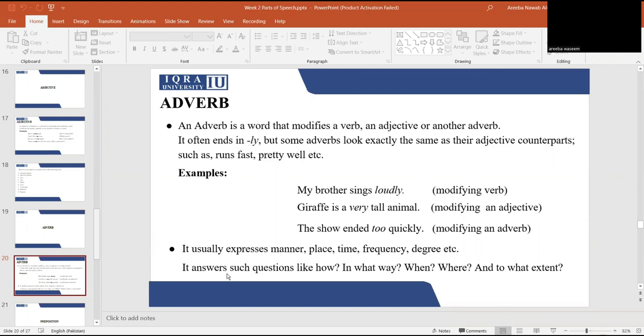So anything that modifies or describes our verb or adjective or any other adverb is an adverb. Anything that modifies or describes our noun is an adjective, whereas anything that modifies or describes our verb, adjective, or adverb is an adverb. It usually expresses manner, place, time, frequency, degree, etc. It answers such questions like how, in what way, when, where, and to what extent.